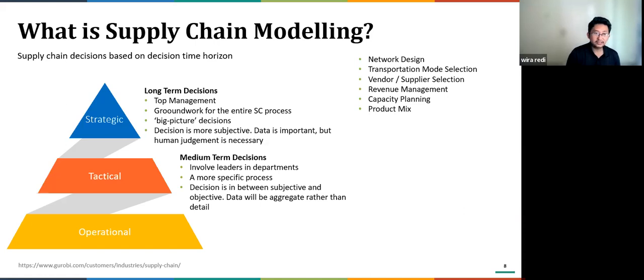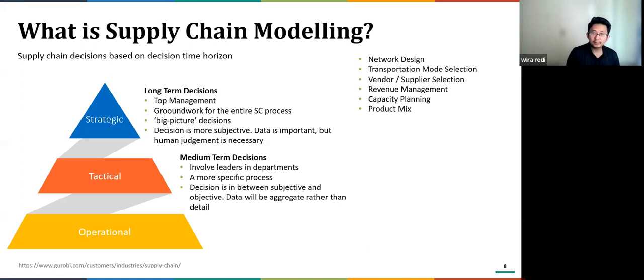Another thing is tactical decisions. These are medium-term decisions. Normally, they involve the leaders or the operational manager for each specific department. This is done for a more specific process, and the decision is somewhere between subjective and objective. Okay, you will normally use aggregated data.